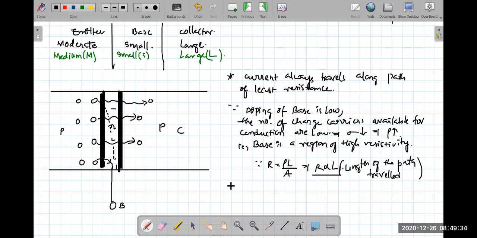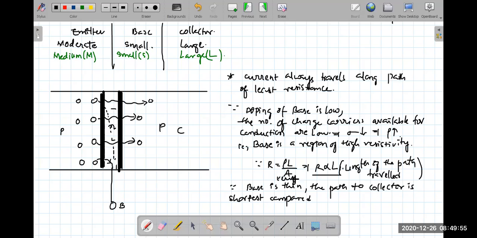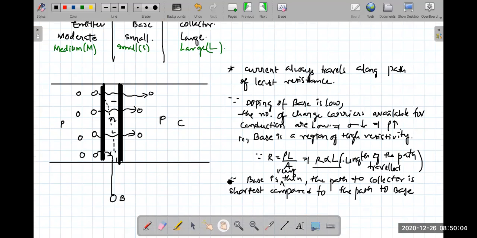So here what is happening? Since the base is thin, the path to the collector is shortest.